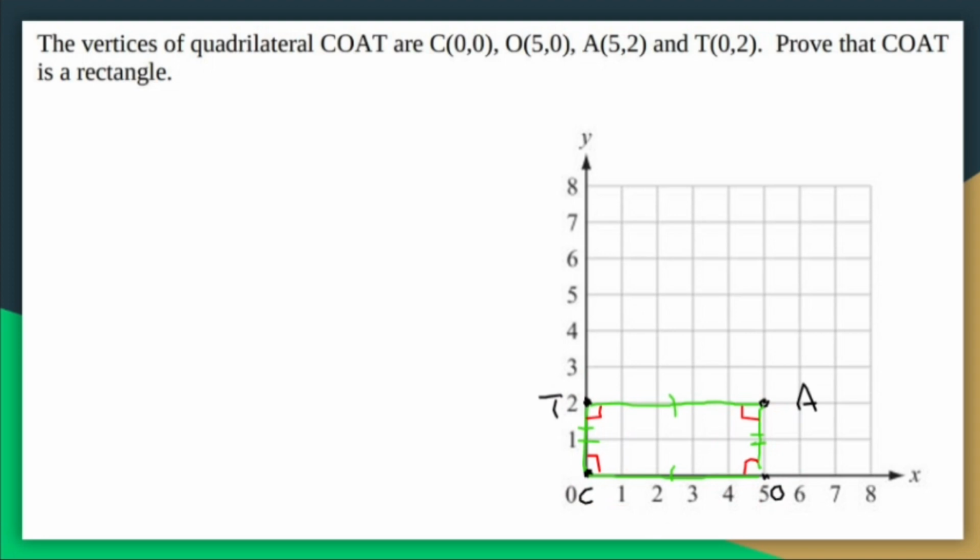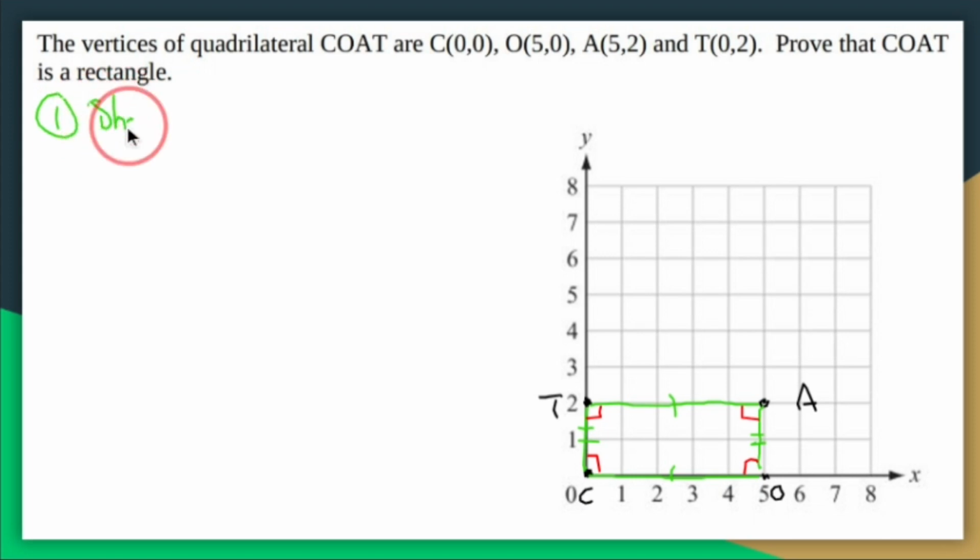Now, since we have a picture here, and since this is a rectangle and all of the measurements are super nice, we do not need to go crazy whipping out the distance formula, or the slope formula. What I have to do is I just need to show that TA and CO are congruent. Then I need to show TC and AO are congruent. So let's do that first.